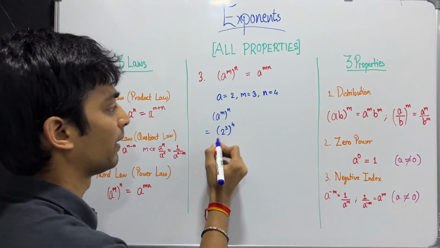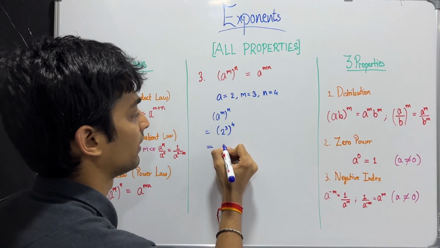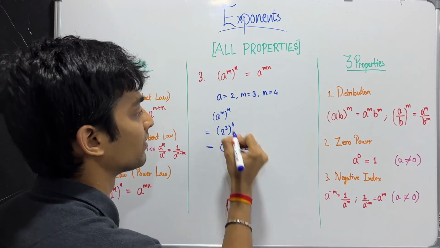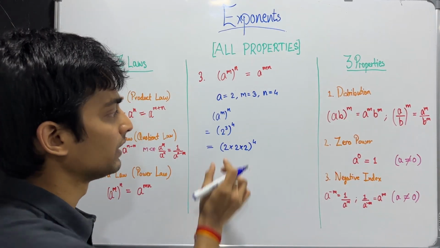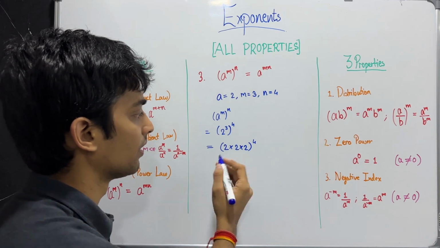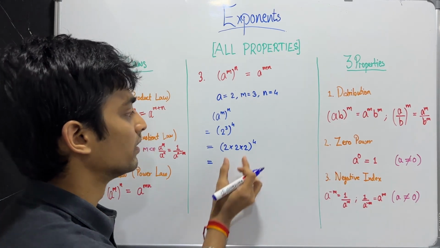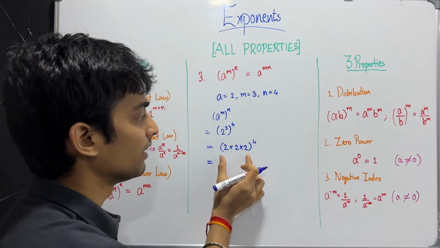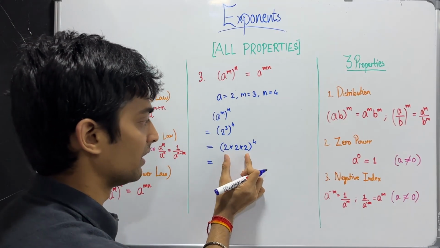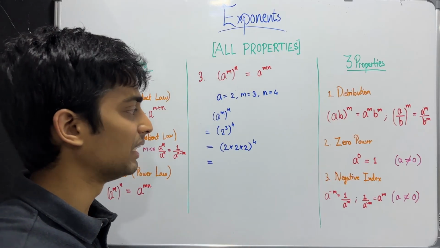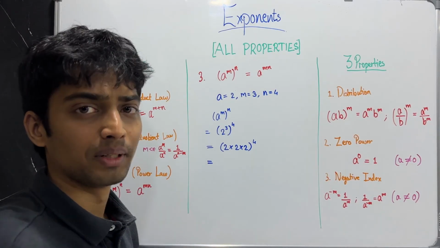Now we'll expand this inside the bracket only. We'll expand 2 multiplied by itself 3 times, the whole raised to 4. Okay, I've only changed the inside part. Now look at one thing. This whole inside part is raised to 4. So this inside part is getting multiplied by itself 4 times. That means how many 2's will there be?